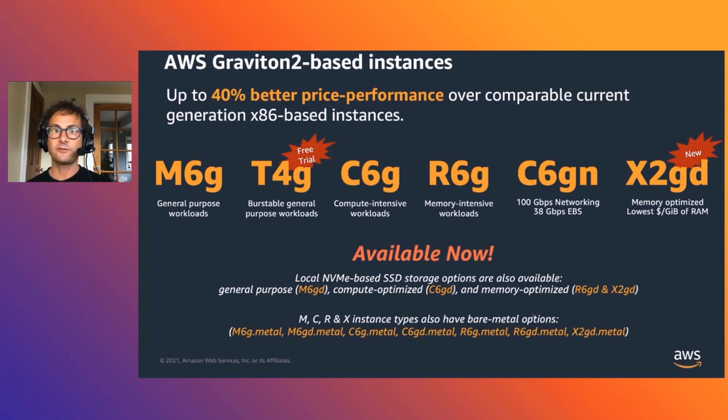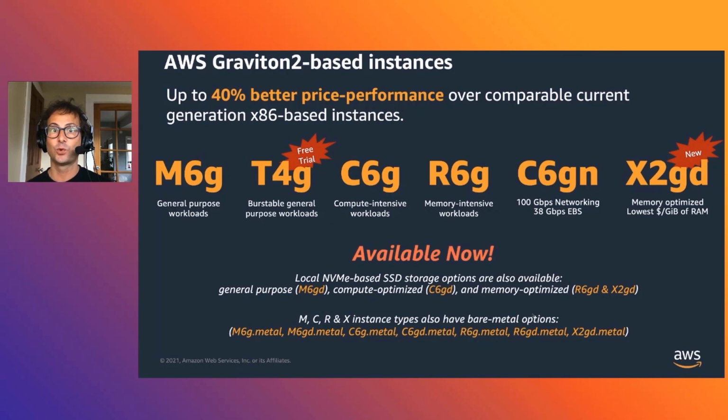We also offer a burstable instance based on the Graviton2 processor. So that's the T4G, and that's a good vehicle to replace your existing T3 or T3A instances with a better price performance ratio. We also released the C6GN, which is exactly the same as the C6G, but with more network bandwidth.